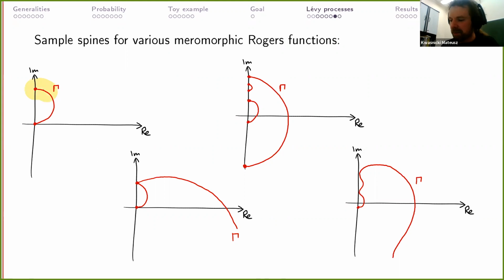It can be a semicircle or a finite arc. It can be the union of a number of arcs like that, arranged in a way so that all conditions are satisfied. It can have more complicated singularities on the boundary. It can get arbitrarily close to the boundary, can get tangent to the boundary. The behavior can be complicated. And actually, you can really write down the expressions for Rogers functions which have that kind of spines.